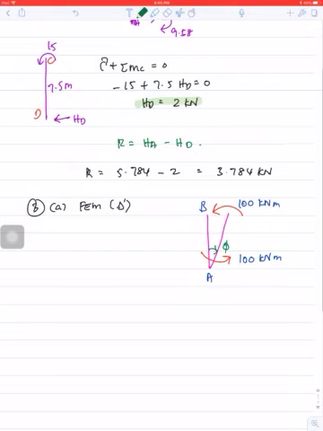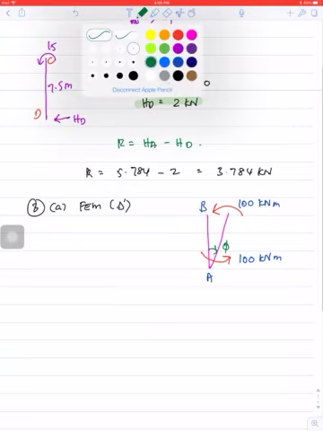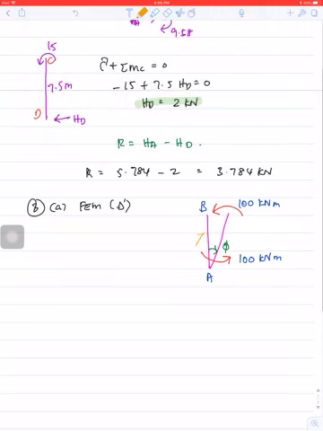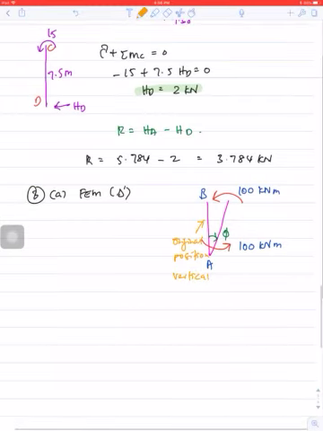This is the original position, which is vertical, and this is the new position.